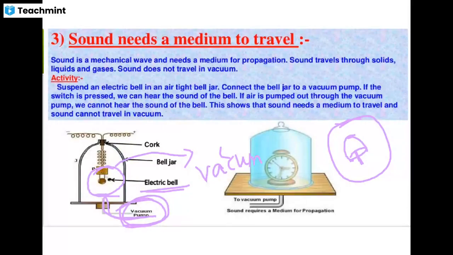If you shake the balloon, the balloon's vibrations go inside the bell, so sound is produced from that bell. This is the first activity: you take a balloon, put a bell inside it, and vibrate it.